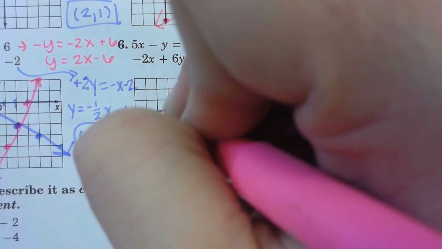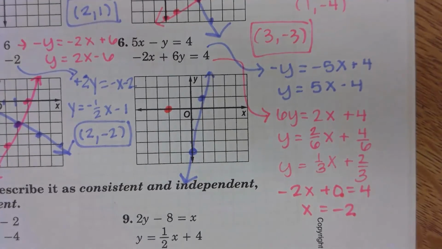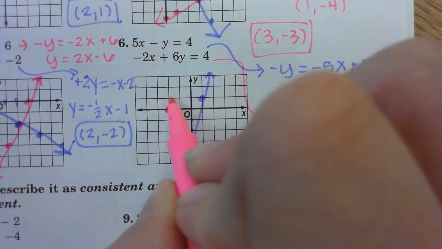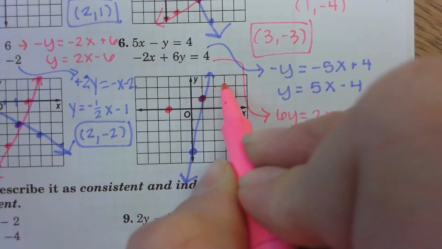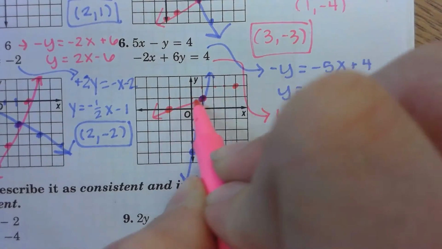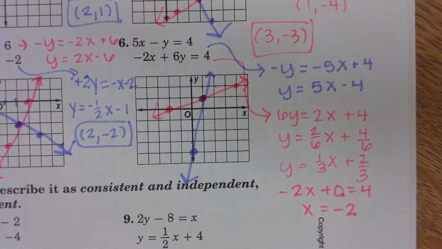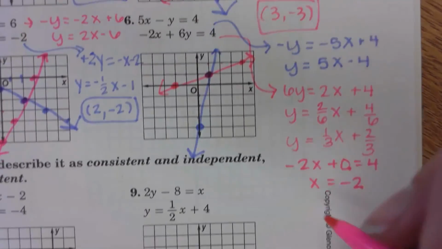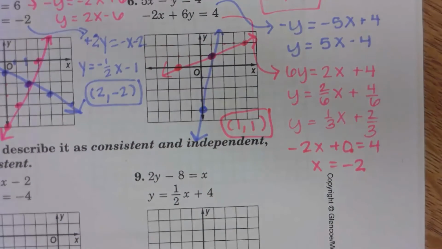So if I start my graph at negative 2, 0, and then apply my slope of positive 1/3, it will give me a direct intersection at 1, 1, which is my solution.